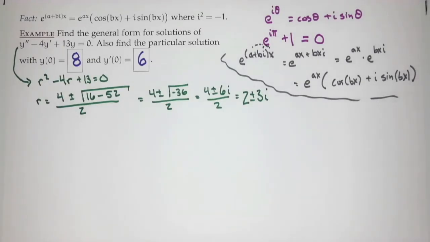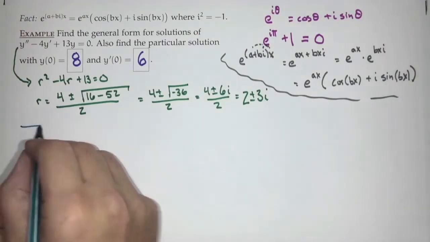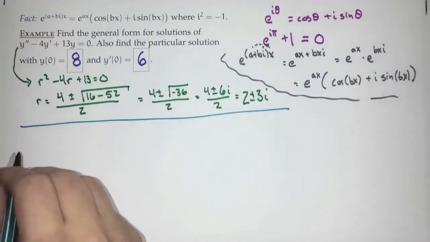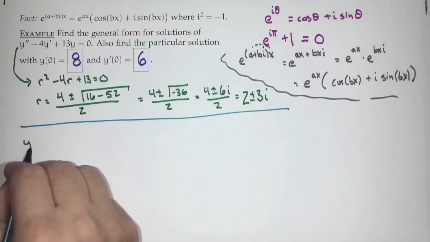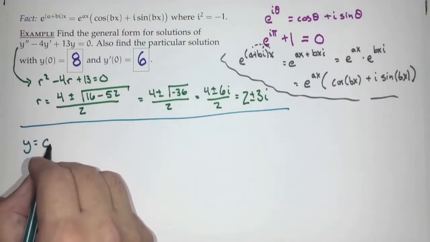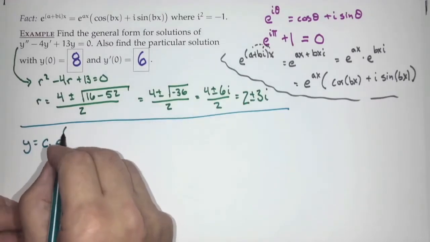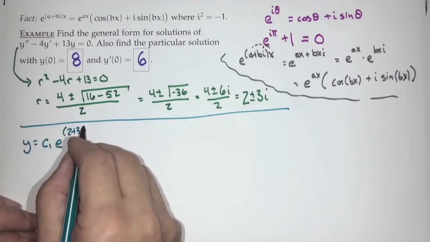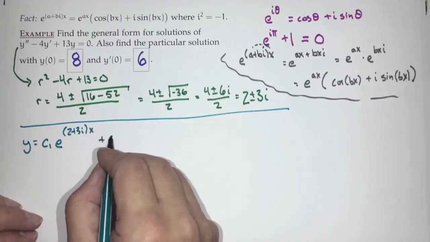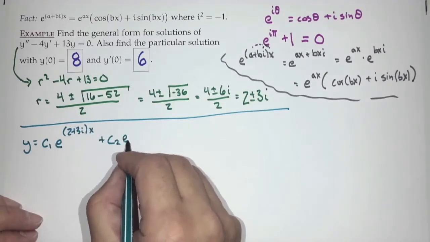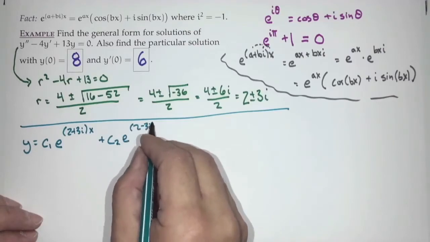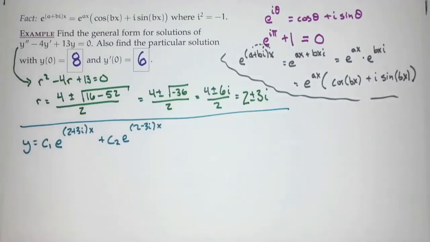Fantastic. So now we say, check this out. We can say that our solution looks like some constant e to the first root, let's say that's 2 plus 3i times x, plus some other constant times the second root, 2 minus 3i times x.